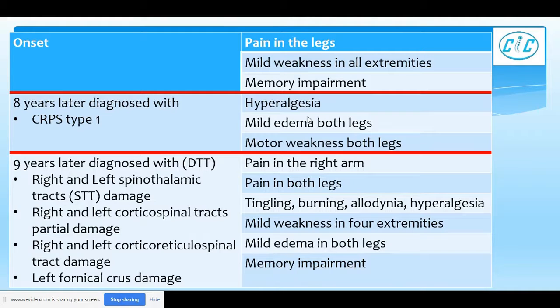So, without having the DTT imaging studies, the clinician should not simply look for CRPS of the peripheral issue, either type 1 or type 2. And then there is edema happening in both legs.